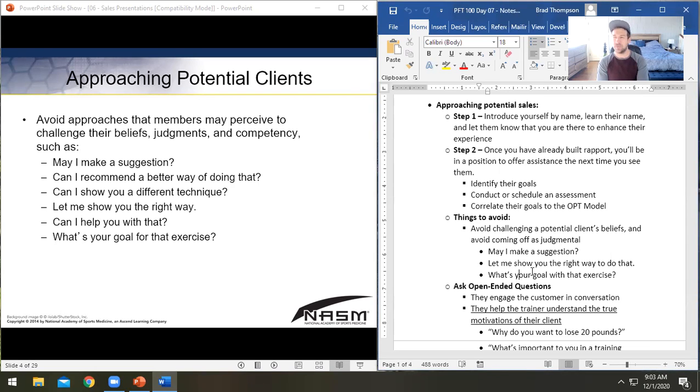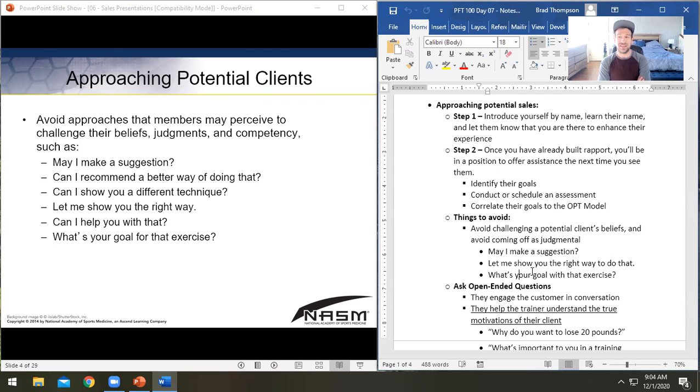I've seen that tiptoey approach just does not work very well. Avoid the tiptoe. Again, have that confidence of the reason that you're here. Remember you're here to help people get healthier, and that's why we are approaching them so brazenly. I mean, we want to approach them with confidence, right?